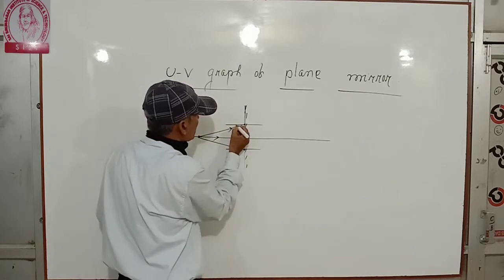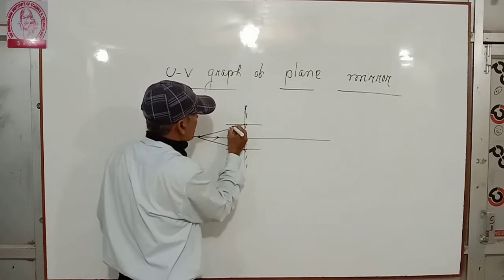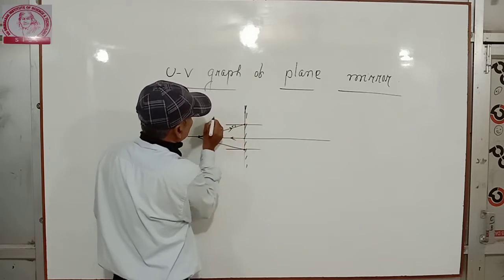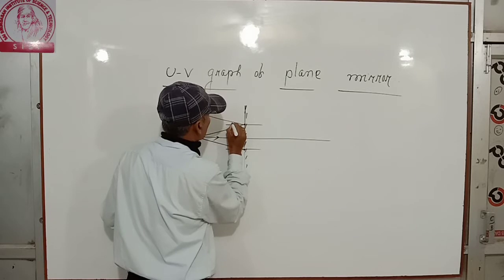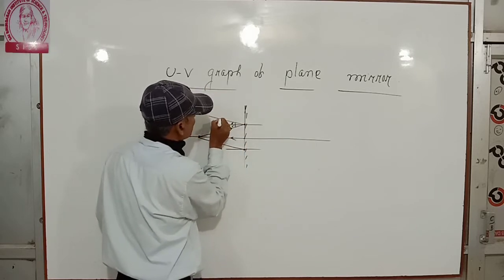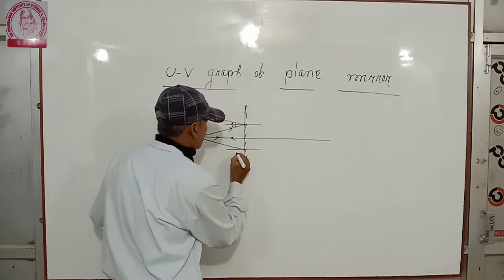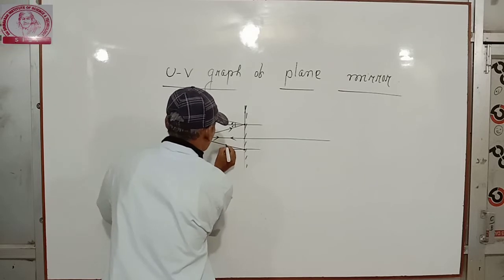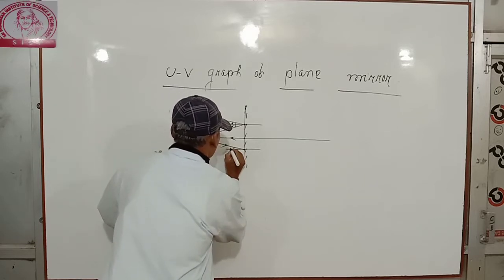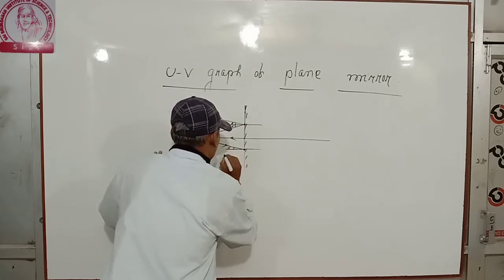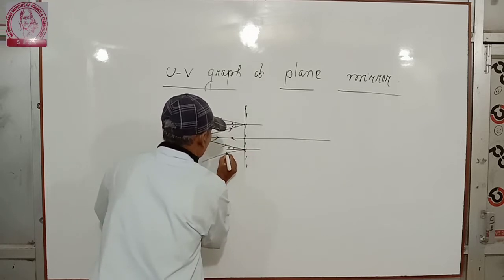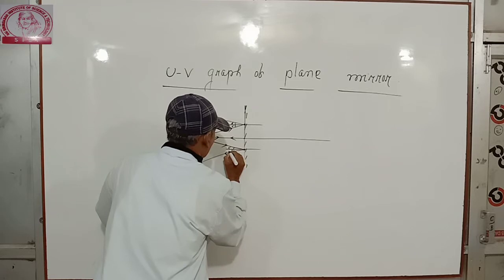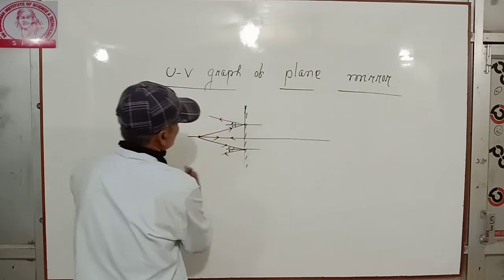You see, I is equal to R, this is I. Now this is R, I is equal to R. Okay. Similarly, this is the incident ray, this is I, and this is R.